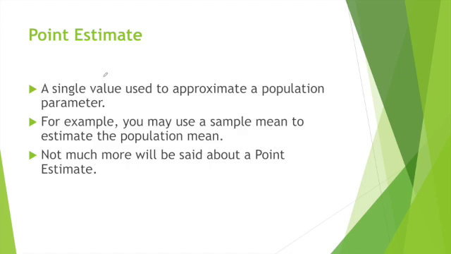So if I wanted to estimate a population parameter, say the mean height of people is 5'4". If I conduct a sample and find that the mean height of people in my statistics class was 5'4", then we could use that to assume the population mean.